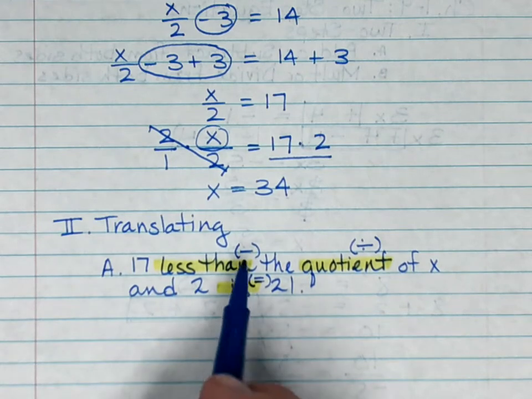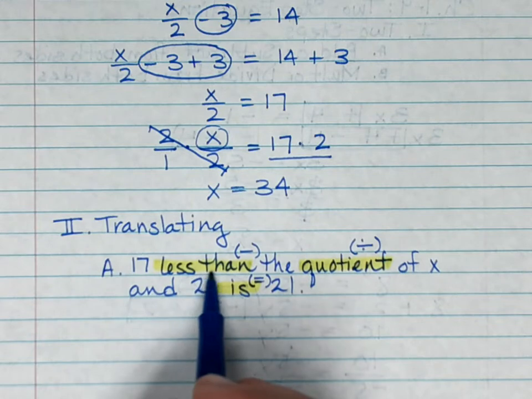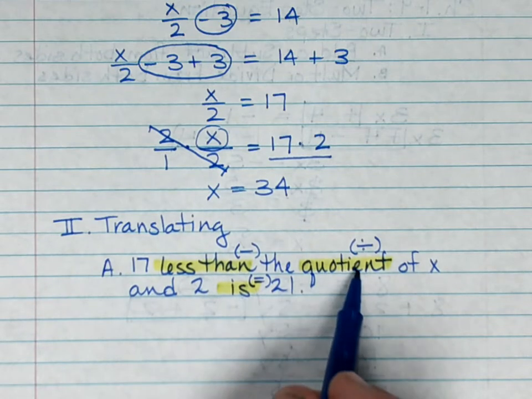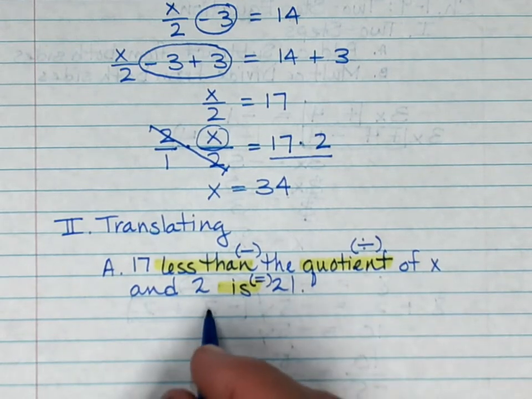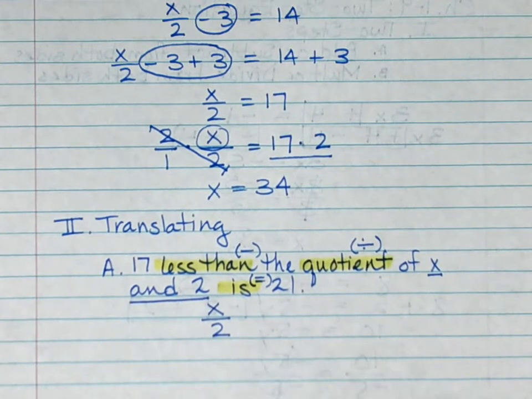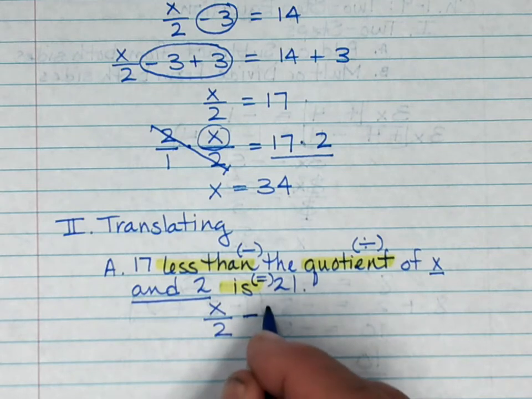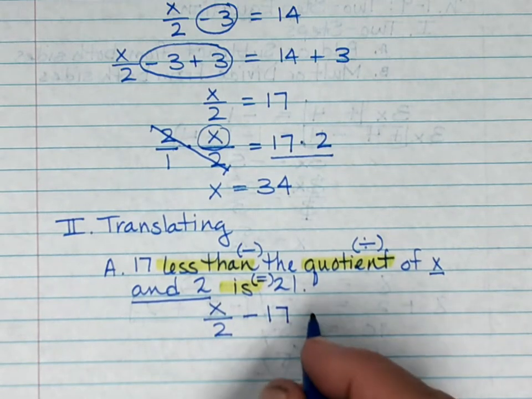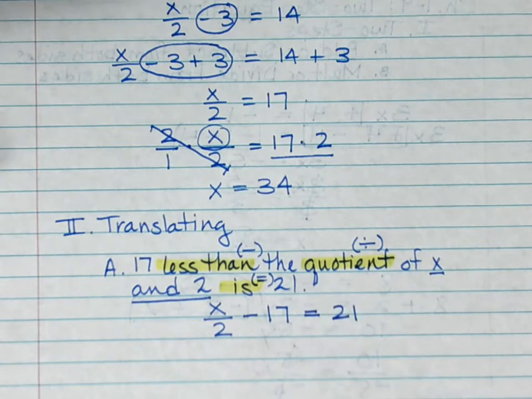Now, subtraction is not commutative, so it's very important to understand that we are subtracting 17 from a quotient of x and 2. The order they give you these in is the order of the numerator and denominator. Again, this is 17 from the quotient, so it's x over 2 minus 17. And this expression is equal to 21, giving us an equation.